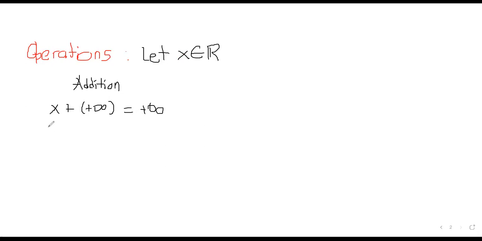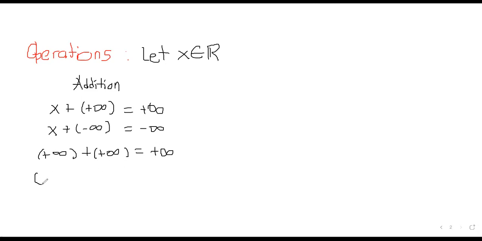How about any real number x added to negative infinity, that is, x minus infinity? This will be negative infinity. Then, positive infinity plus positive infinity: obviously, this will be positive infinity. It is not 2 times positive infinity, just positive infinity.